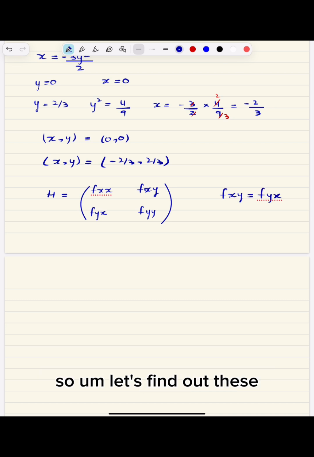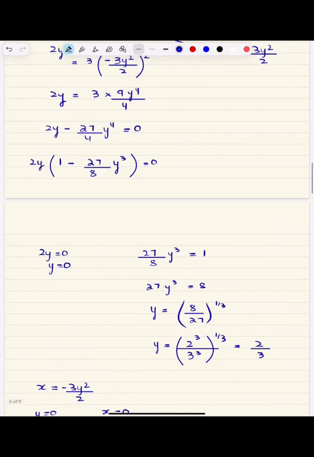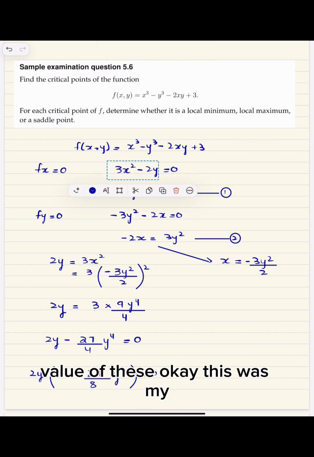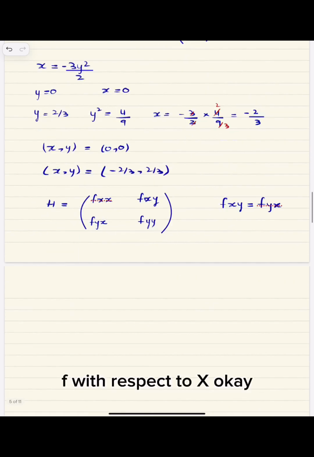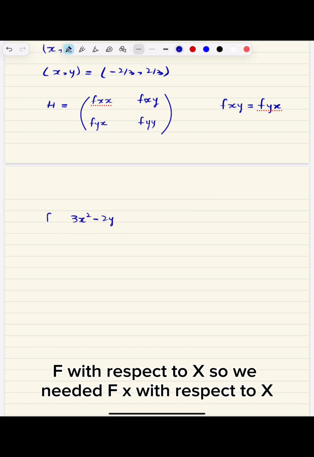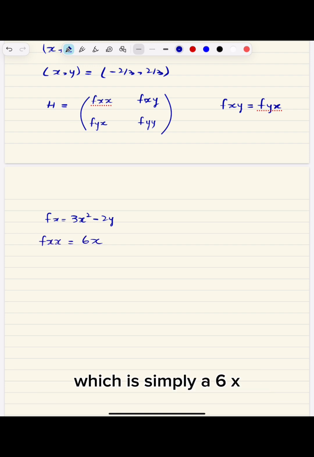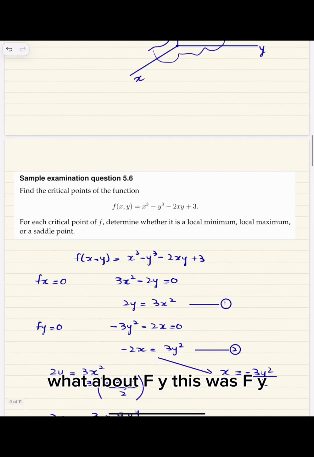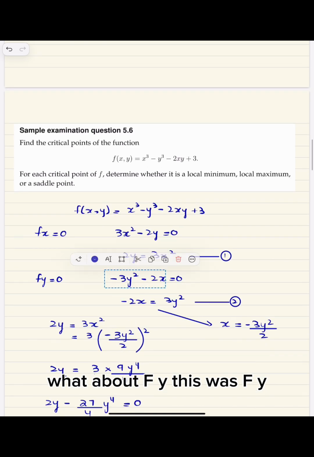So let's find the values of these. This was my f with respect to x. We needed fx with respect to x, which is simply 6x. Fx with respect to y is minus 2. What about fy? This was fy.